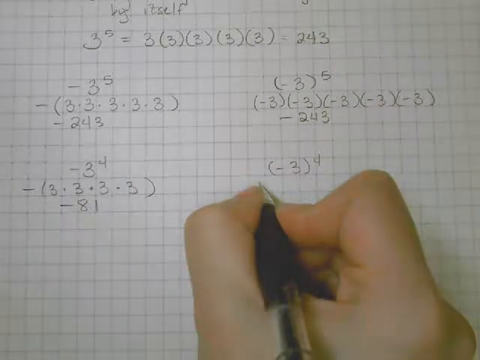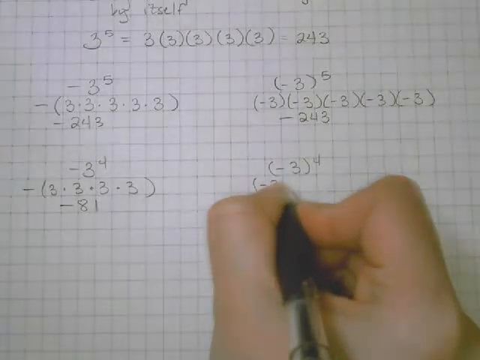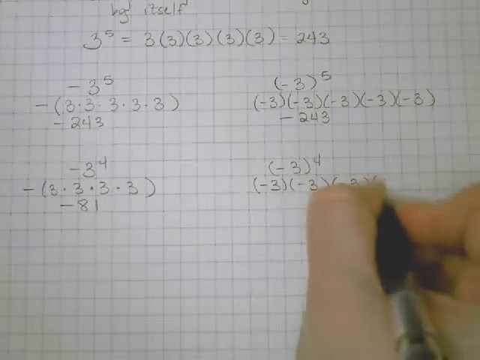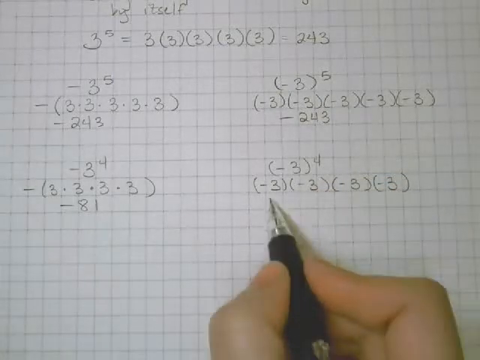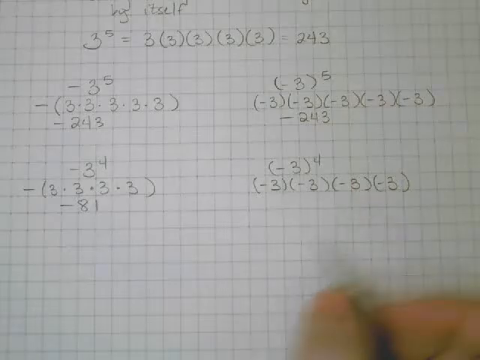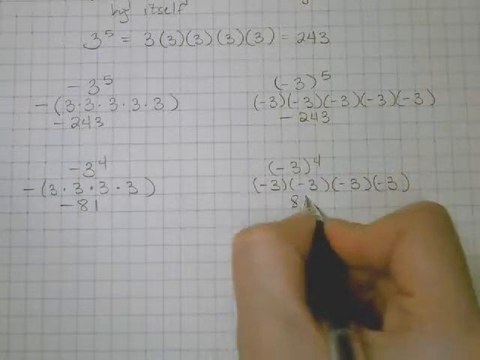On the other hand, if I do quantity negative 3, that's negative 3 times negative 3 times negative 3 times negative 3. We know that's 1, 2, 3, 4 negatives, so an even number of negatives, which means this is going to be a positive 81.